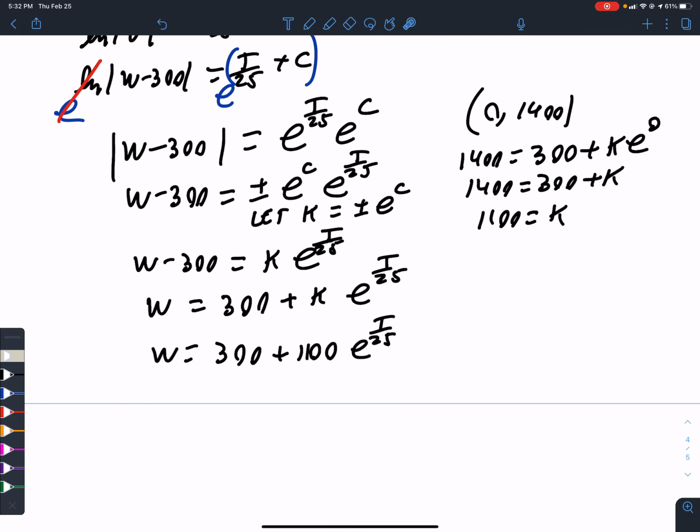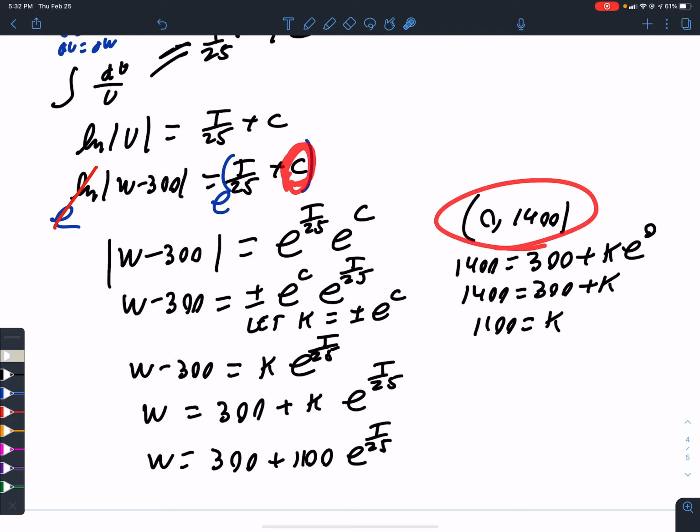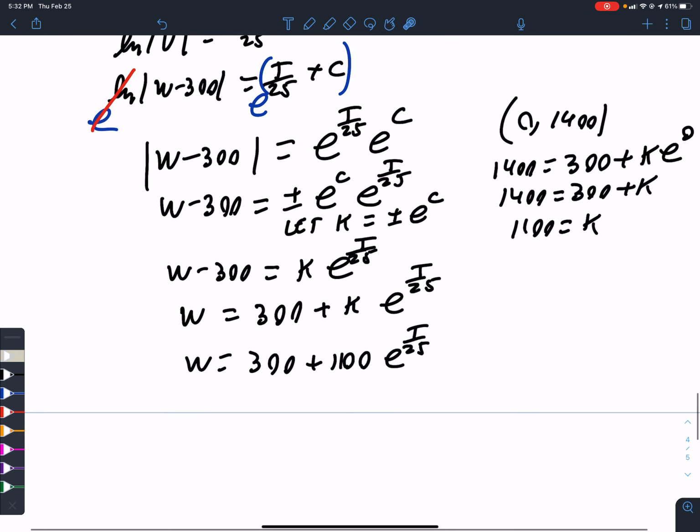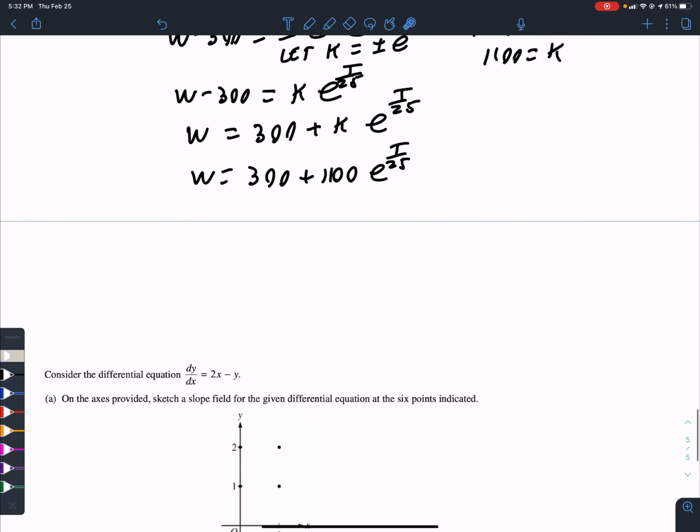And again, like I said, you could have solved for C way back here. You could have plugged in 0, 1400, found C. You would have had a number here, and everything would have worked out nicely. But the plus or minus, you'd have to double plug in that number to make sure you get the right one, and you'd get the same answer. So you can go ahead and take a look at that.